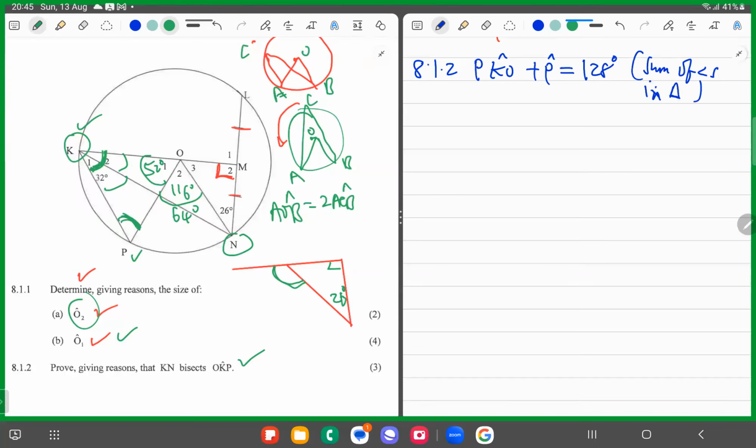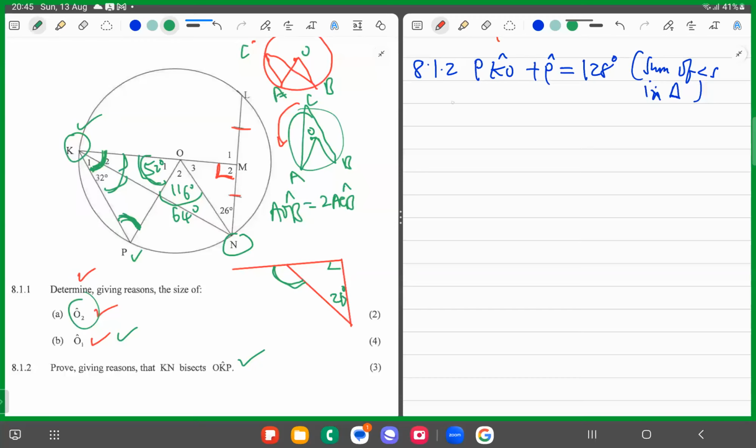Okay, so because you already know this one is 52, if you add this one and this one, you would get 128 because the sum is 180 degrees. Right, so sum of angles in a triangle.